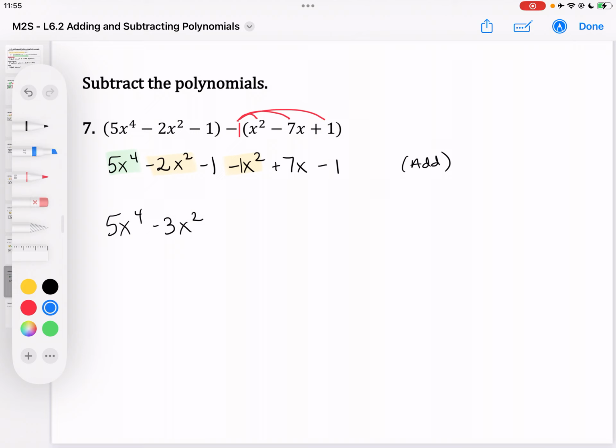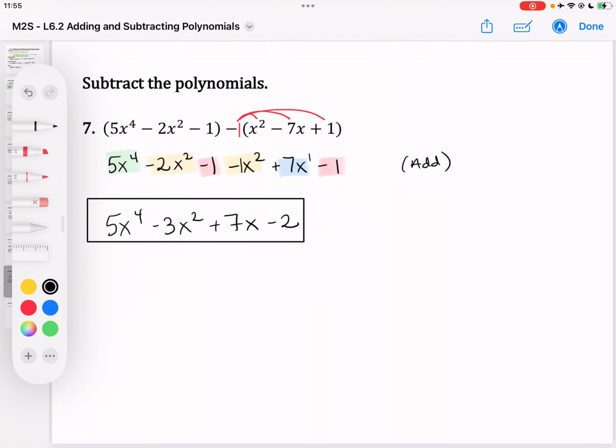Then we've got this plus 7x. There's no other term, that's just where the x is to the first power. So I'll write 7x down. And then our last two terms, we've got the negative 1 minus 1, or negative 1 plus negative 1, which is negative 2. And we have it in standard form, meaning the biggest exponent first, so we're good.